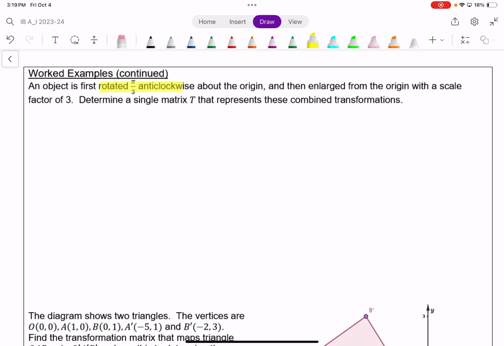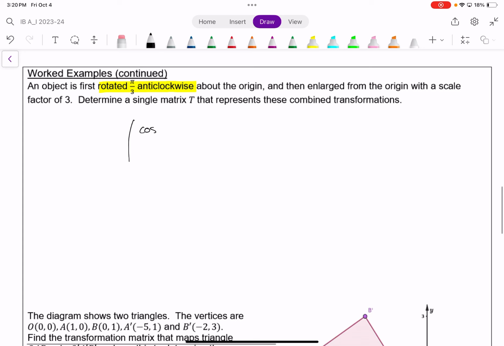If we're rotating 60 degrees anti-clockwise, that means I can express that as, like before, the cosine of 60 degrees, or pi/3, minus the sine, and so on. And if I just took that and multiplied by some matrix A that represents these vertices, that would be just the rotation.